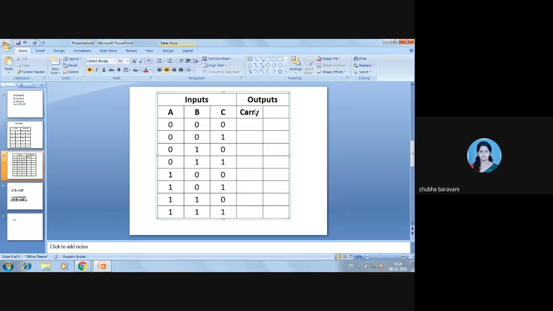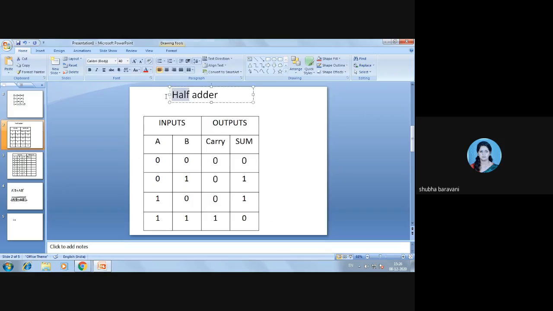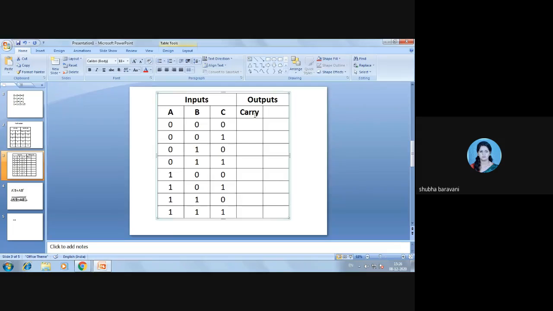So, this is a full adder. A full adder is a circuit which has 3 inputs, A, B and C in, and 2 outputs, carry and sum.